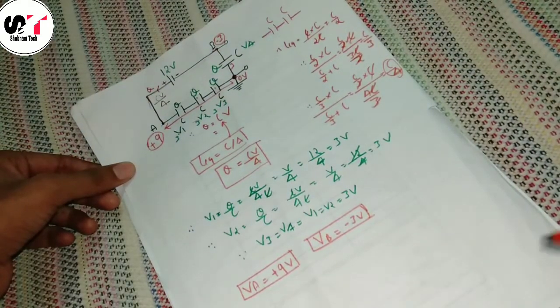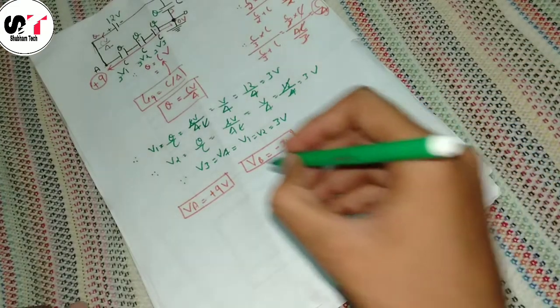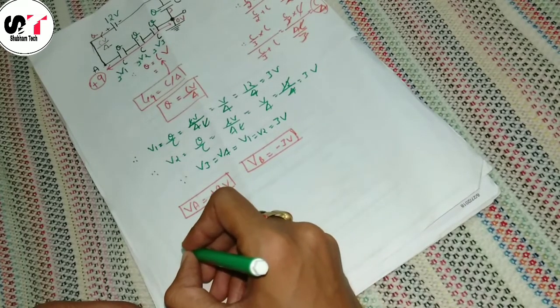Okay, this is one way to solve this kind of question. Now the second way is by voltage divider. Let's redraw the circuit in this manner.